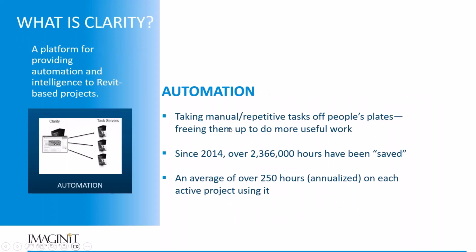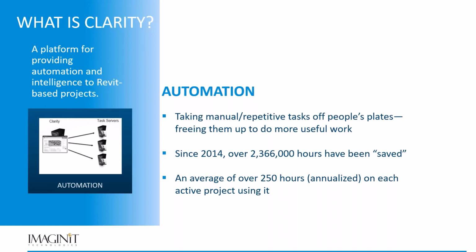Talking about what we do for automation with this platform, the whole idea going back 12 years is that we looked at what people in a BIM coordination, VDC coordination role were doing week in and week out. There was a lot of coordination of models, a lot of batch printing of progress sets and those kinds of things.